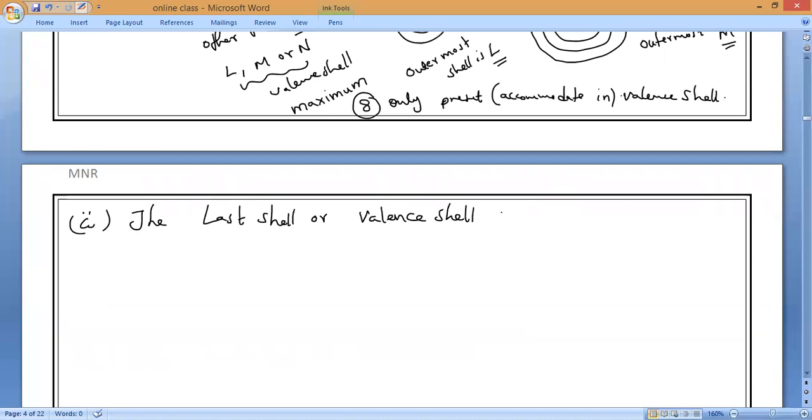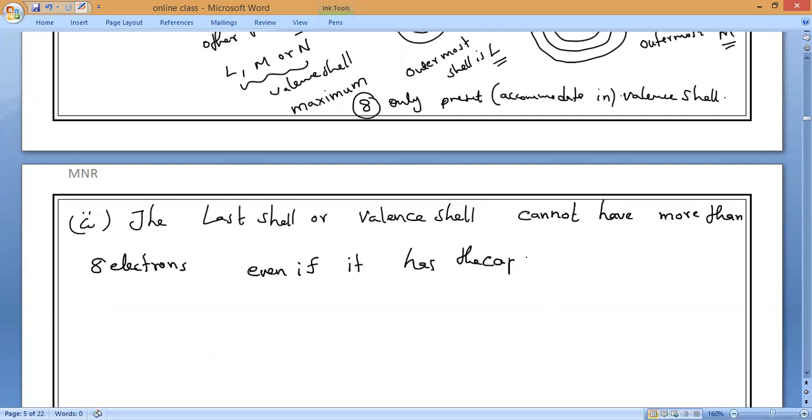The last shell or valence cell cannot have more than 8 electrons, even if it has the capacity to accommodate more electrons.